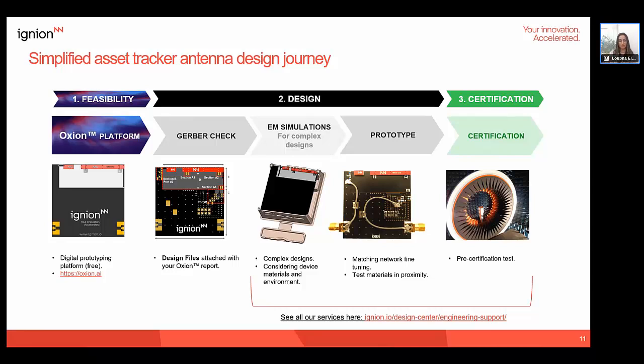It's true that for complicated designs, maybe we can run more difficult, let's say, 3D simulations. But for a regular PCB, regular project, we can move directly from feasibility to Gerber check and prototype. And the last stage would be the certification.